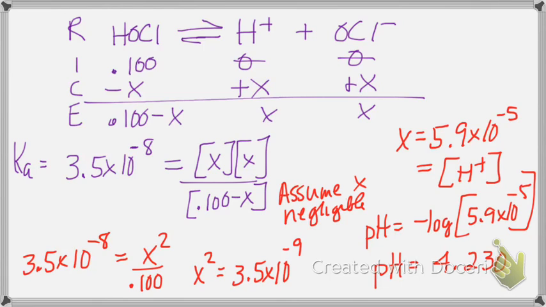What do you compare x to, to see if it's negligible? The concentration. So when we got x equal to basically 6 times 10 to the negative fifth, that's way less than 5% of 0.1. You're looking at the original concentration, because if we were to put in our calculator 0.1 minus 5.9 times 10 to the negative fifth, what would we write down based on significant figures?